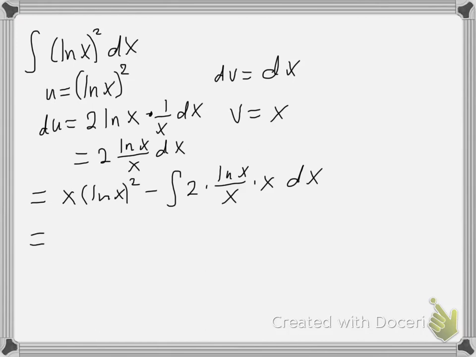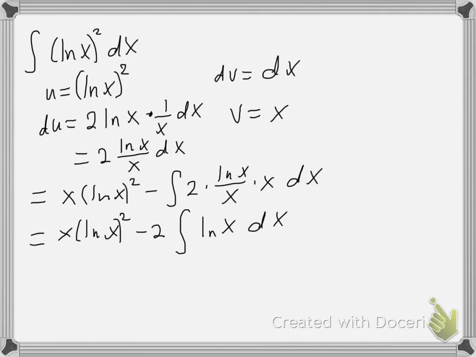This, of course, is going to be equal to x, parenthesis, natural log of x squared, minus the integral of 2 natural log of x dx. Now, of course, you can put this 2 out in front. So that's what I'm going to do. So let me erase this, and I'm going to put the 2 out in front. So I'll have 2 here, and then the integral there.